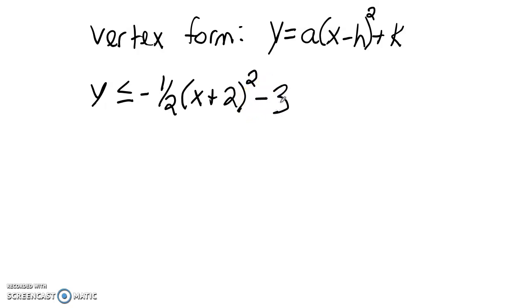All right, so we know that in vertex form, the h and the k, that is my vertex. That is either my minimum point or my maximum point, depending on how my graph is opening. Remember, the a also tells me if it's positive, then my graph is opening up. I have a U that's opening up. If a is negative, I would have an upside down U. It's opening downwards.